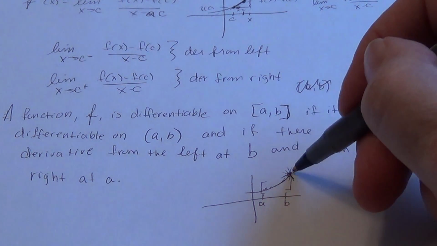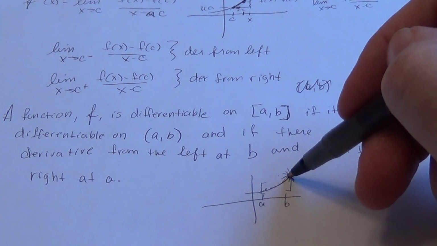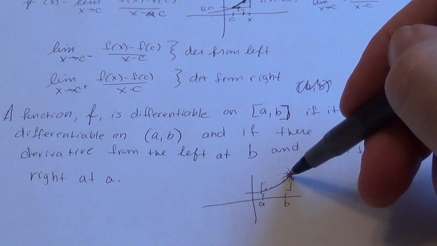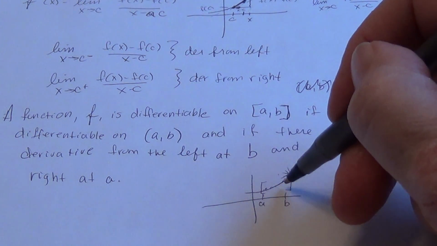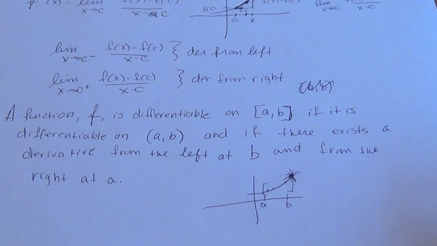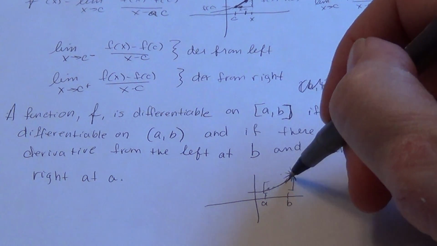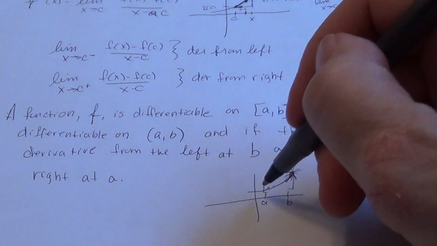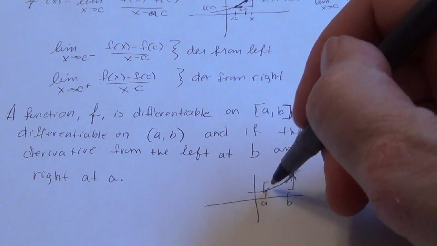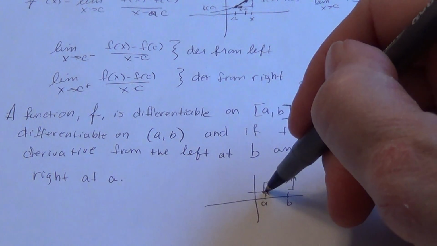So therefore, we just look at one side. We're going to look at the derivative from the left at B, and we're not going to care about all the other side's possibilities. As we're getting closer and closer to B, we're going to look at the tangents that create slopes on that side only. And as we're coming to A, our slopes are going to be getting closer and closer to A, never reaching A, but getting closer and closer.